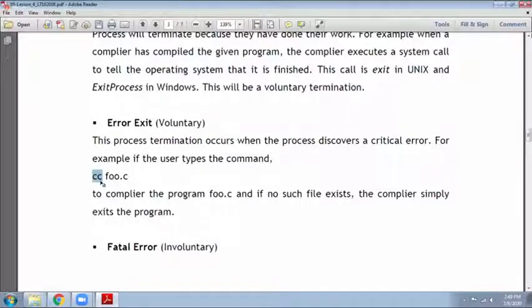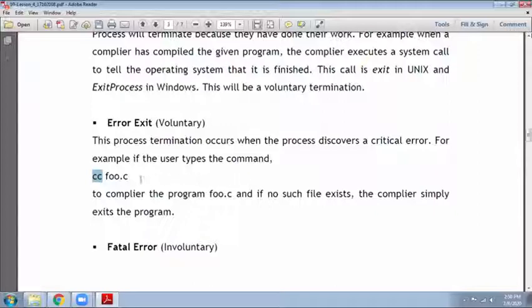Does anyone know the meaning of the cc command? If anyone uses Linux or Unix, or the command prompt, what is cc? Compile. Right?